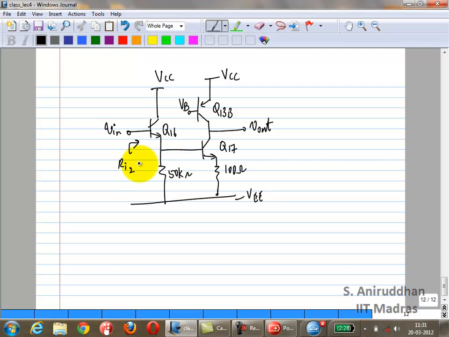To do that, you need to know what is the input resistance at the base of Q17. What is that? What is the input resistance here?